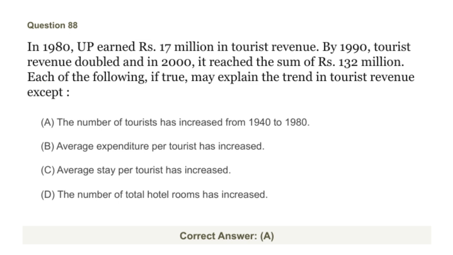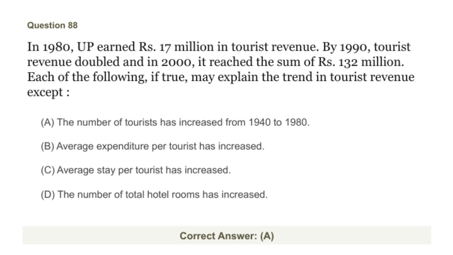Options B, C, and D all relate to aspects like expenditure per tourist, length of stay, and hotel room capacity, which directly influence revenue. For example, if tourists are spending more, staying longer, or if there are more hotel rooms available, these factors can significantly boost revenue.